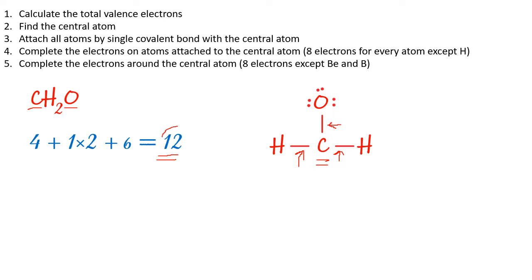Now we have already completed 12 electrons. We don't have extra electrons. So what should we do? In this case, what happens? These 2 electrons from the oxygen atom are changed to a single covalent bond. So our correct structure will be this one.